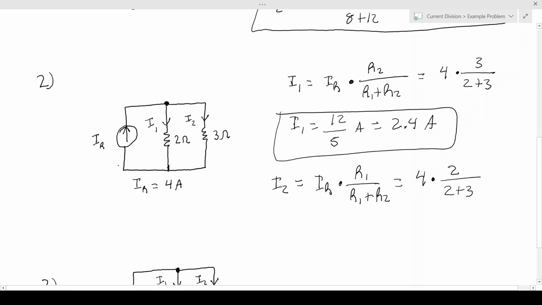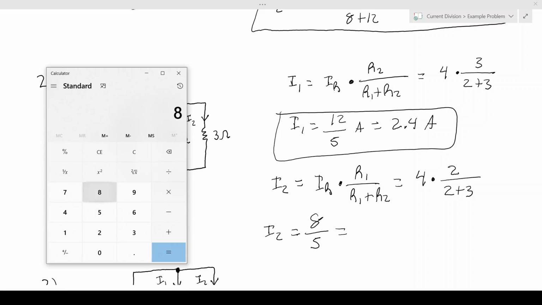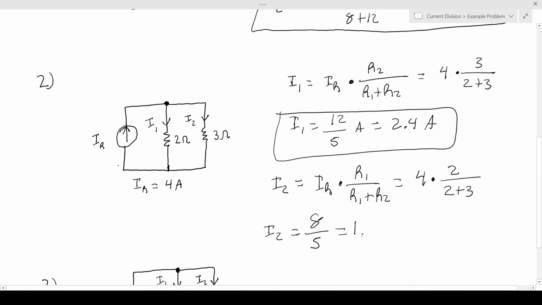And R2 is equal to 3 ohms. And then we just evaluate the equation and we get that I2 is equal to 8 divided by 5. And let me bring out the calculator. 8 divided by 5, and we get 1.6 amps. So I2 is equal to 1.6 amps.